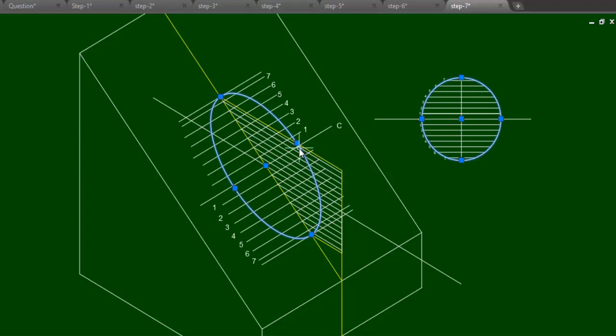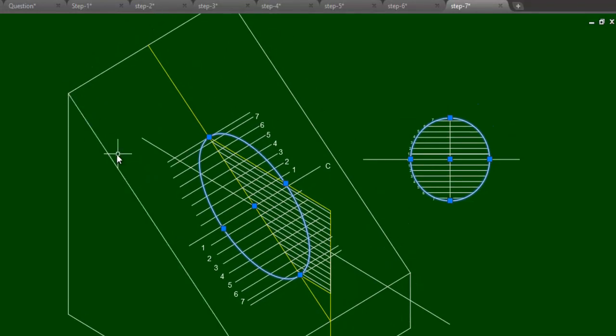The width of the shadow will not change, only the length will change. If this plane becomes a perfect vertical plane, then the length becomes equal to the diameter, 30 mm, and the width will also be the same, so we will get a perfect circle.